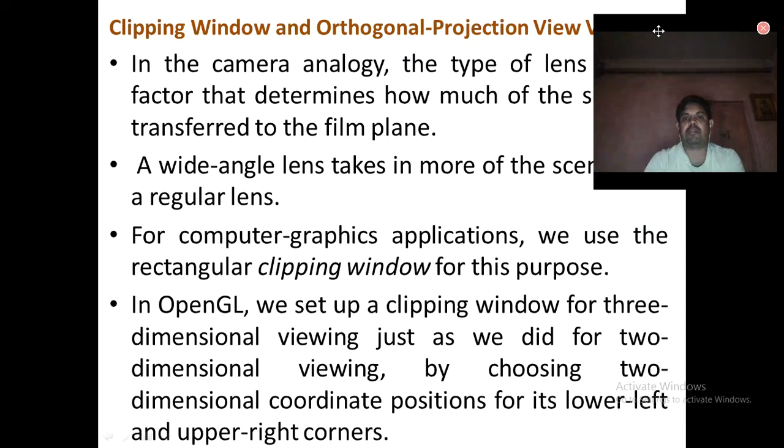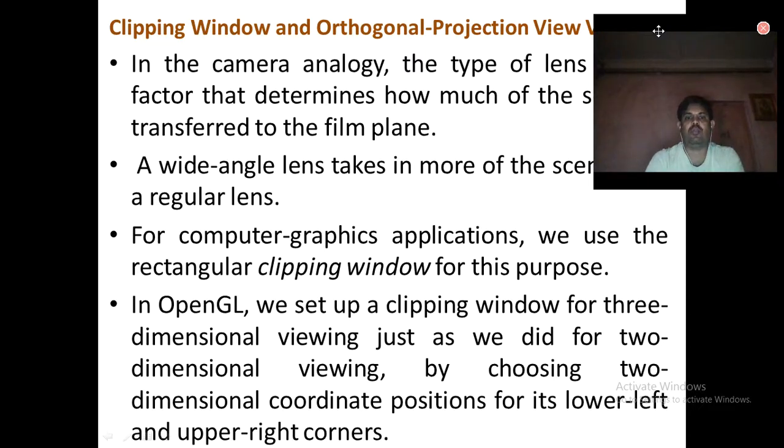For computer graphics applications, we use a rectangular clipping window for this purpose. That's why in lab every time I have discussed the clipping window. Whatever image you have projected, which part of that image you want to see on your monitor, that we have to decide, right. That is the clipping window.